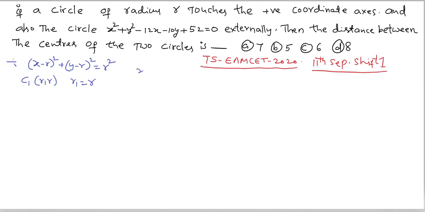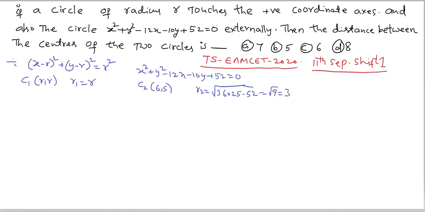The given second circle is x square plus y square minus 12x minus 10y plus 52 is equal to 0. So the center of this circle, C2, is (6, 5), and the radius R2 is equal to the root of 36 plus 25 minus 52, that is the root of 9, which is equal to 3.